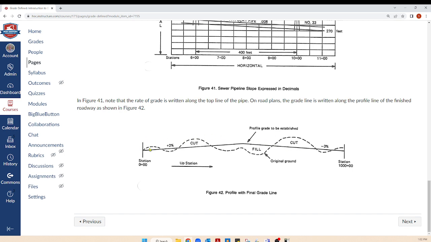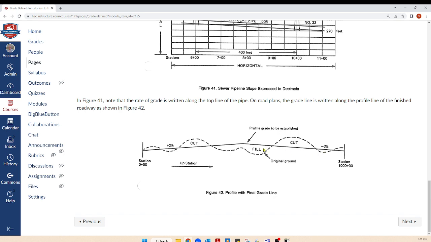Now, if this was a cross section where the road went this way and this way, and this was a crown, a lot of roads have a 2% crown on them. This one actually is showing a minus 3% on the other side. So let's just keep it as if it's the top of the road and it's going up and then it goes down.